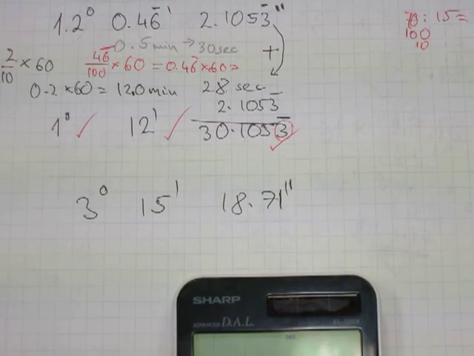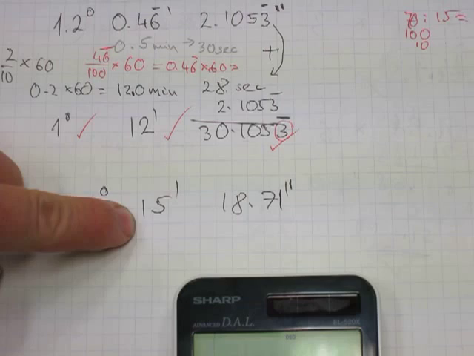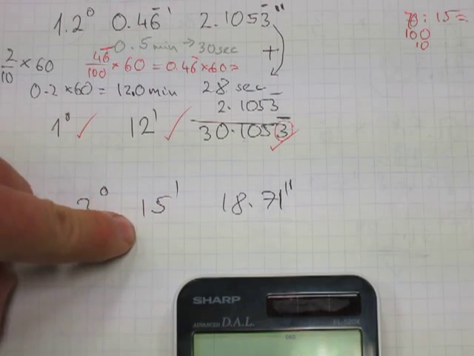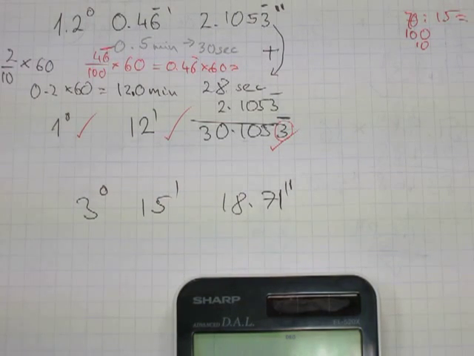So if you visualize 15 minutes, you know that 15 is a 15/60th part of a whole degree. If there were 60 minutes here, then 60/60th would convert into 1 degree.